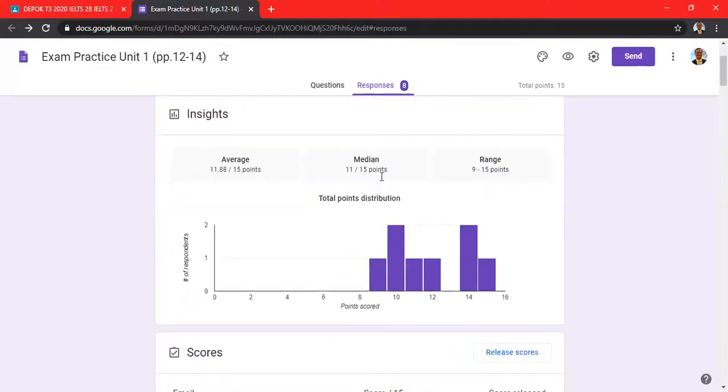As you see here, on average you got 11 out of 15. That's pretty good. The lowest score here is 9 and the highest score is 15. So I can say that your scores are pretty good. The average is 11.88.